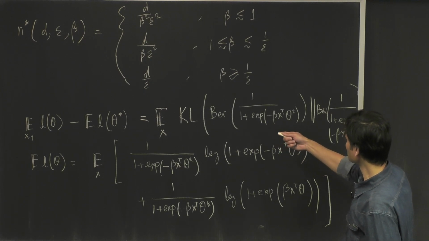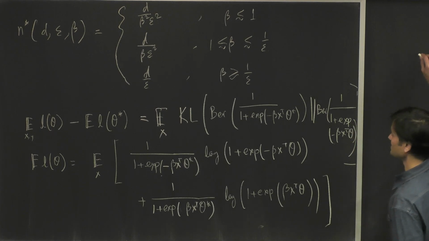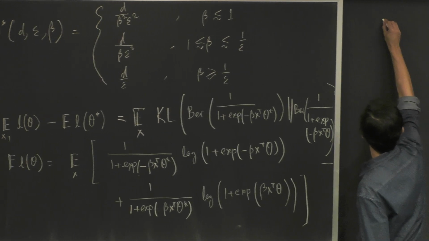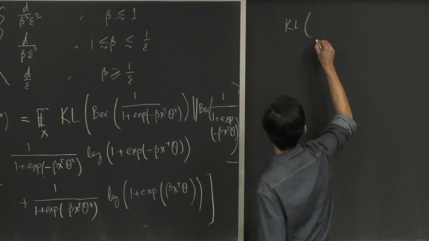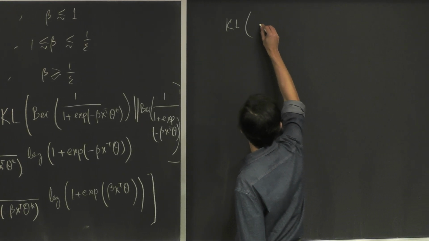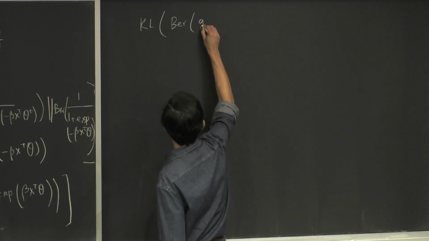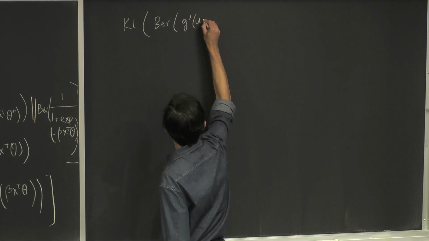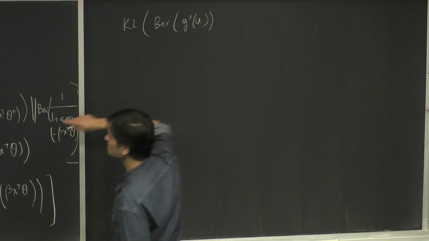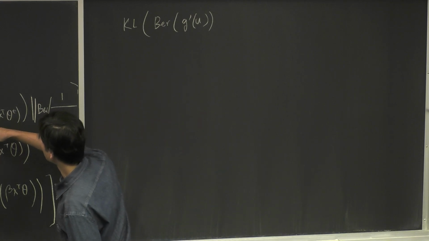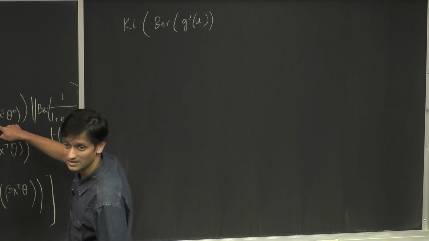It's a bit messy, but you can write the KL divergence between two Bernoulli, and what we have is something like G prime U. This is actually the derivative of the logistic loss itself, right?